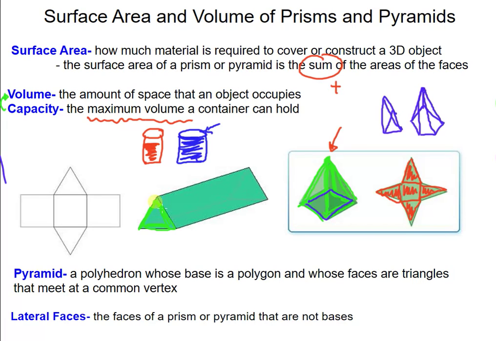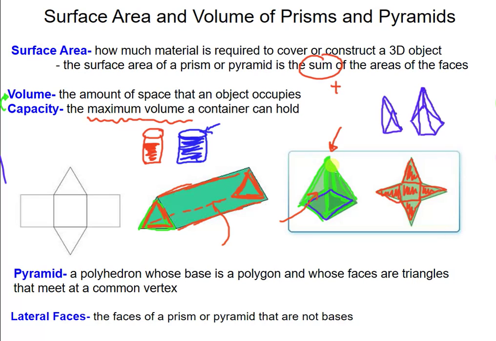For a prism, same idea. We name a prism by its bases. There are 2 bases in a prism, and the sides now are no longer triangles. The sides now are rectangles. When we talk about lateral faces, we talk about the faces of a prism or pyramid that are not bases. So these are lateral faces right there.